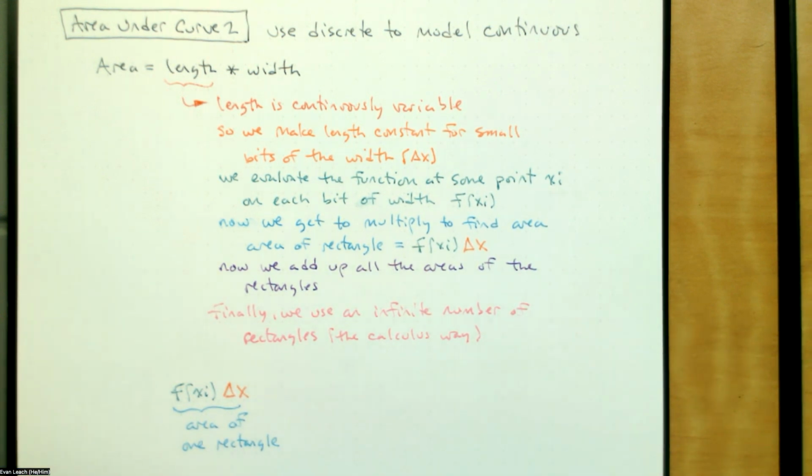That's an area of just one rectangle. What we want to do is add up all of these rectangles. And they're just numbered. First, second, third, fourth. So I'm going to add up all the rectangles. Area 1, area 2, area 3, all the way up to area n.